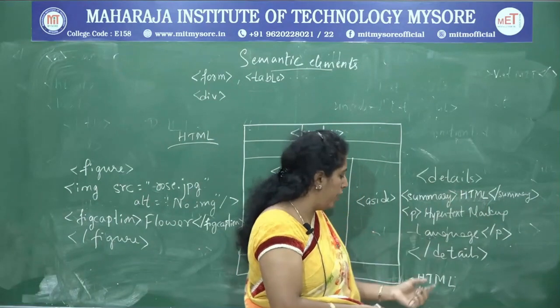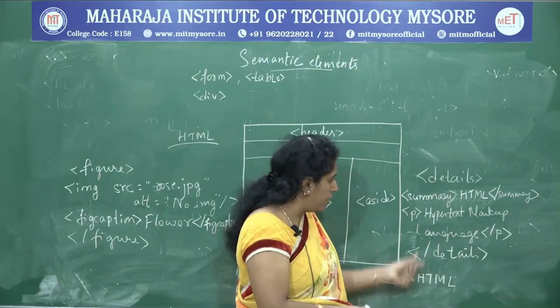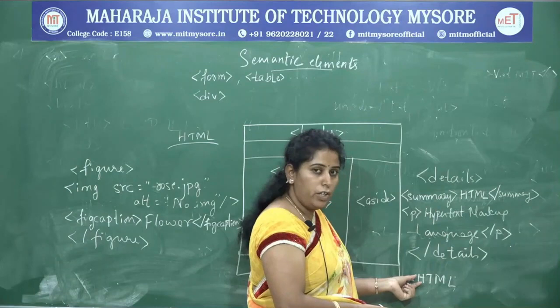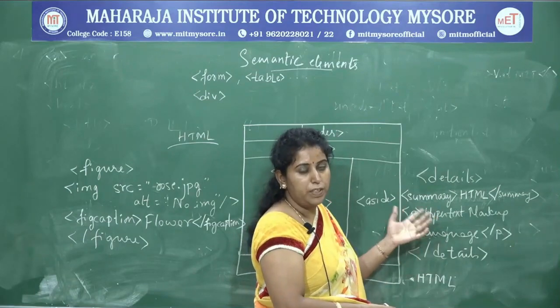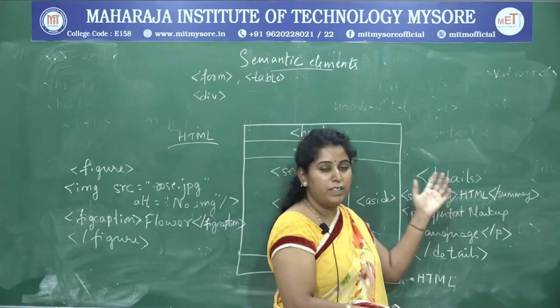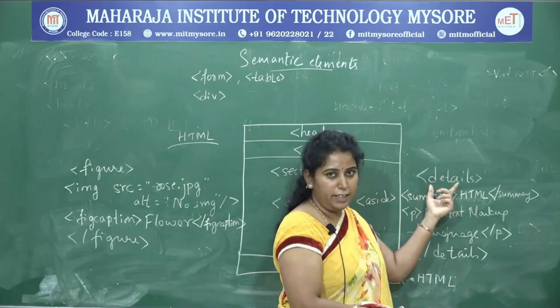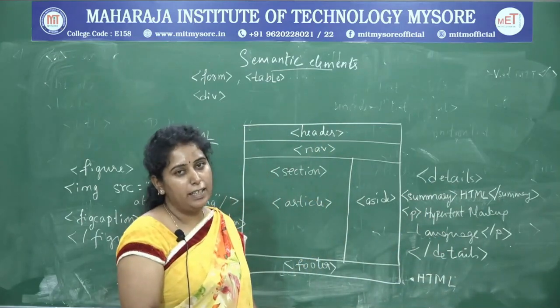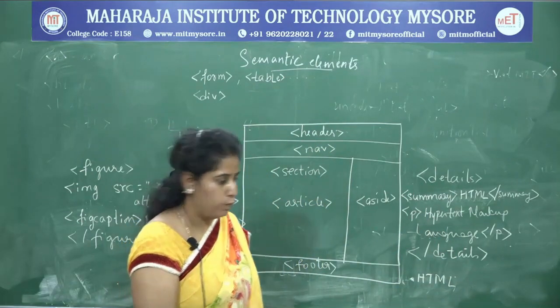This is a label. Okay. So when you click on this, the paragraph given inside that will be printed. Again, if you click on this, it will be closed. This is about summary and details. Summary represents a visible heading for the details. Okay. So this is all about semantic elements. Thank you.